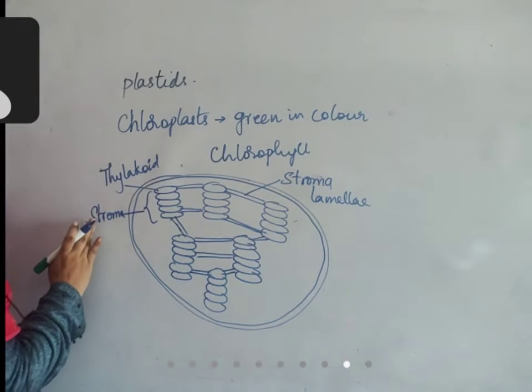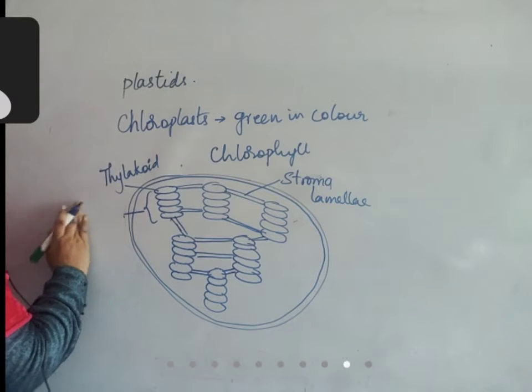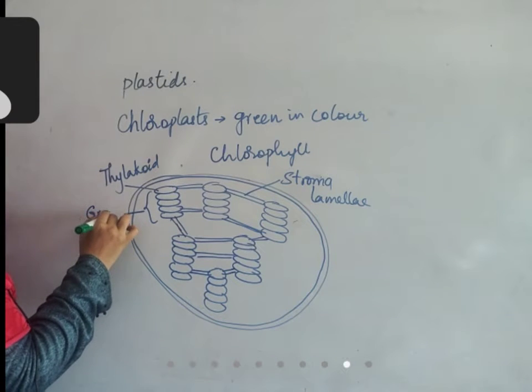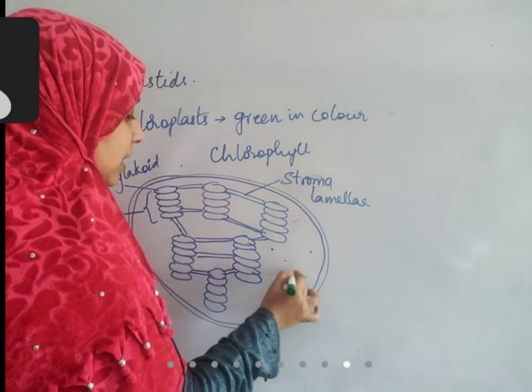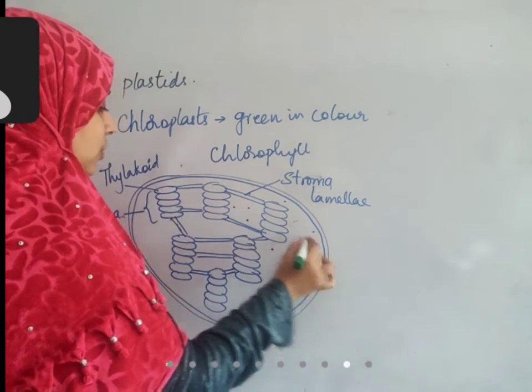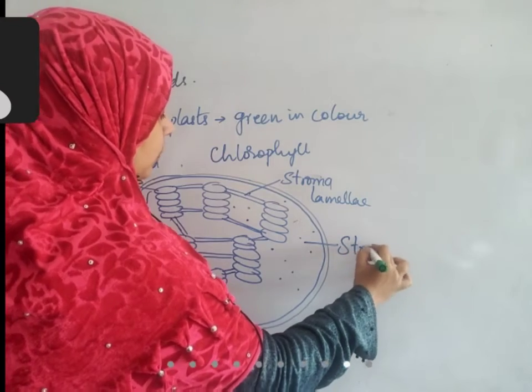Sorry, children. This stack is called grana. This is called stroma. The liquid present inside the chloroplast is called stroma. Sorry to confuse you.